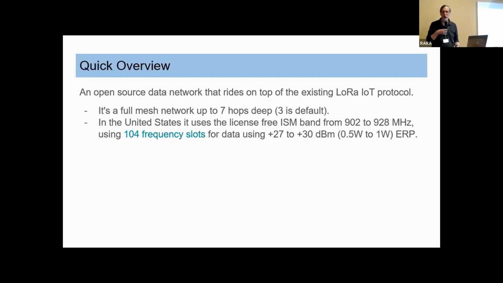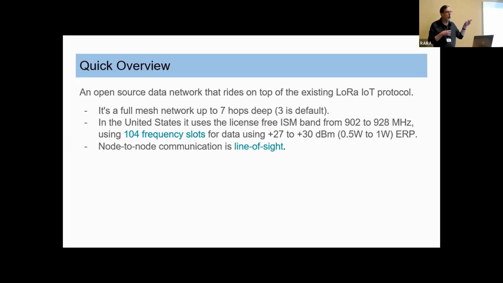That's why you don't need a license for it. And it can tolerate very noisy environments, and you can operate up to 1 watt without a license in that band. So that's not high power. That's QRP. You can get some pretty good distance on it.